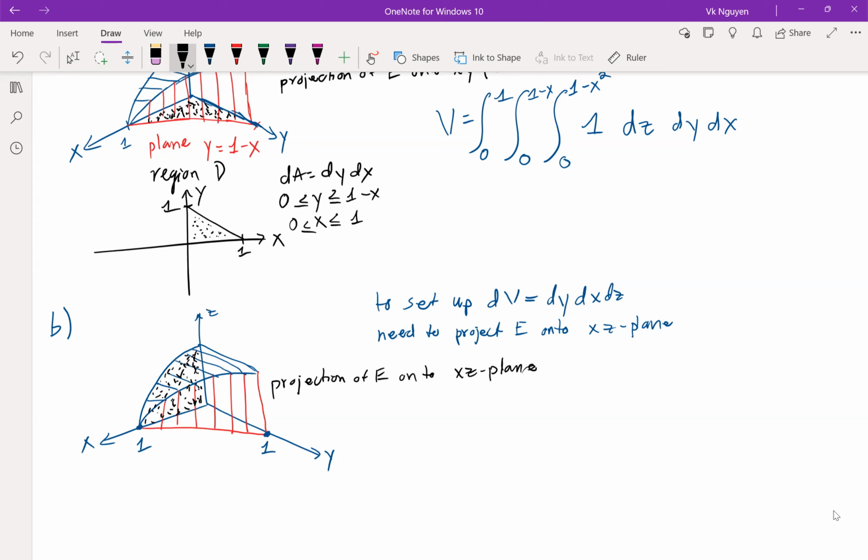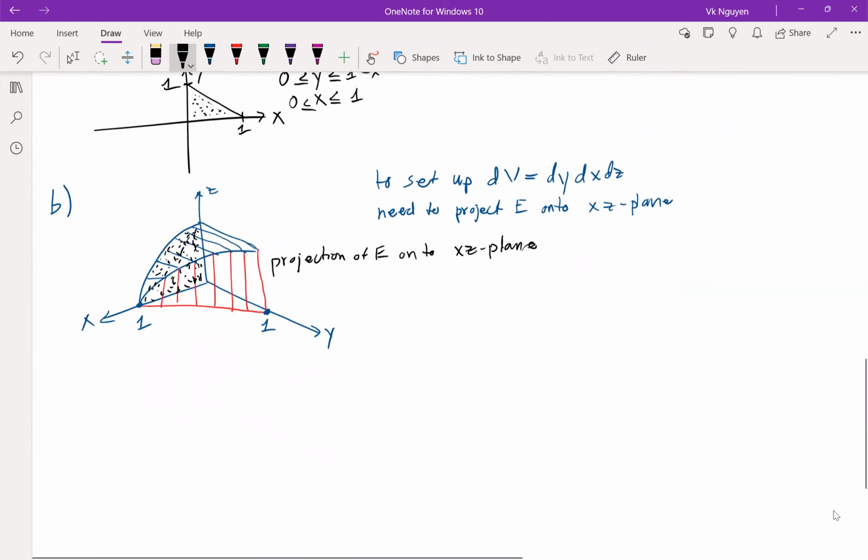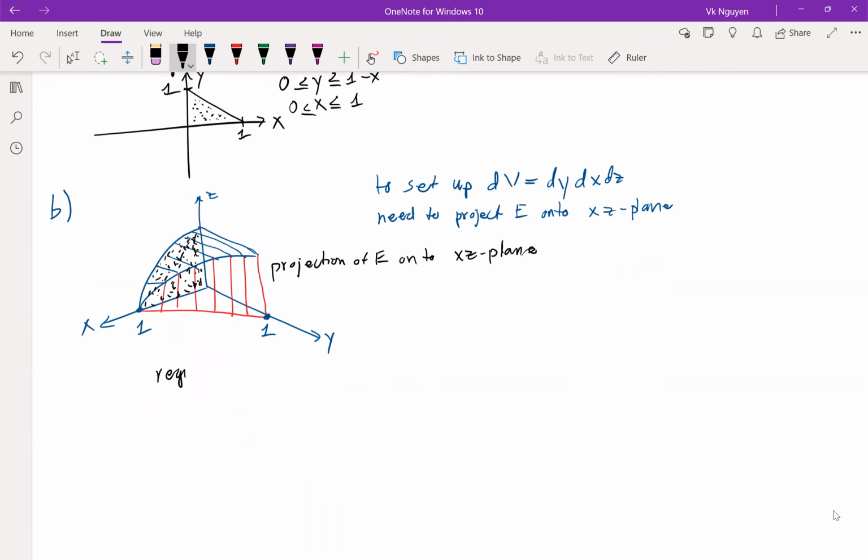We're going to get a region D. If you have trouble seeing this, sketch it out in 2D.